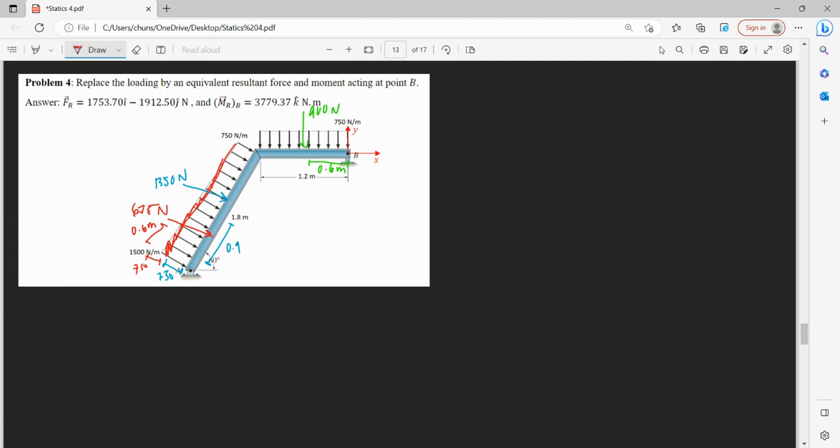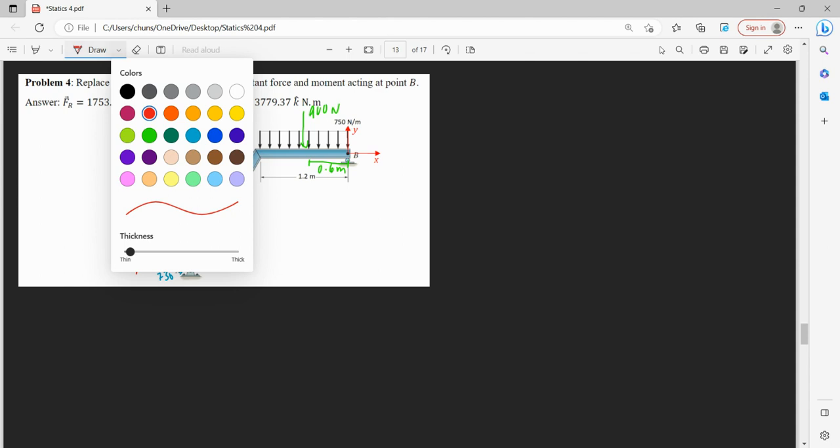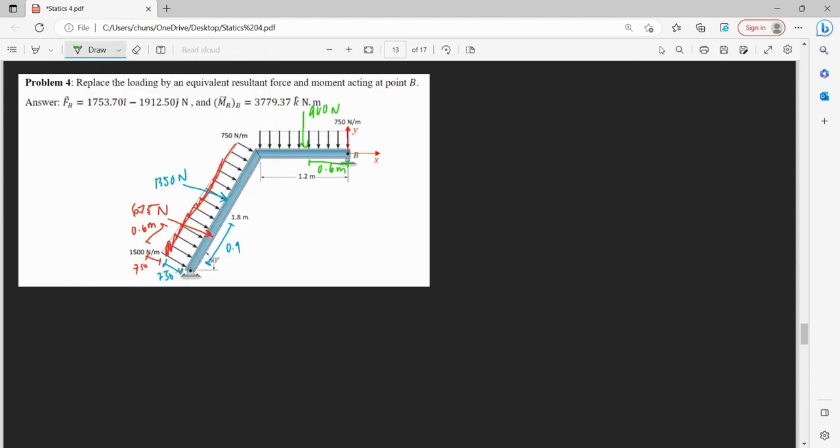Okay, so to solve this question, we're going to need to break it out into our different x and y components. So let's do just that. So then our F1, that's just our 900.